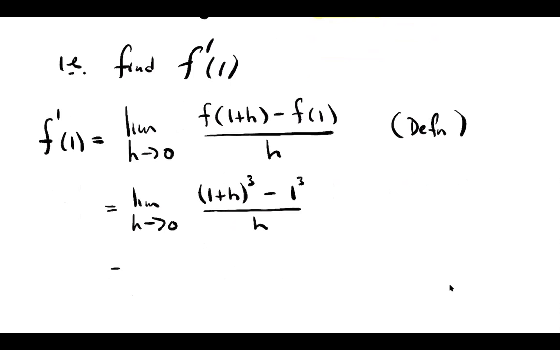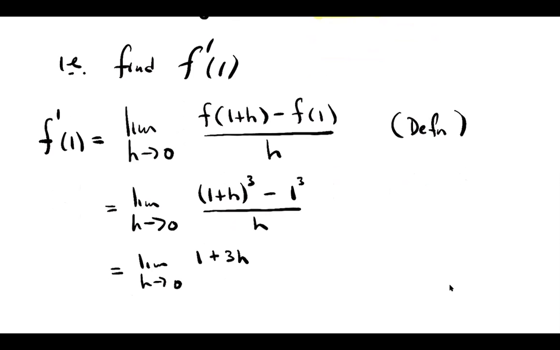All right, so using kind of a FOIL, if you like, or expanding out the terms, I'm just going to do it here on the fly. You can come to an office hour if you want to talk to me about it or look at an algebra review. But when you cube 1 plus h, you're going to get 1 as one of the terms. And then you're going to get 3 times 1 squared times h.